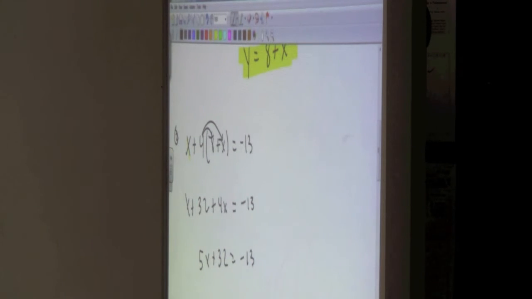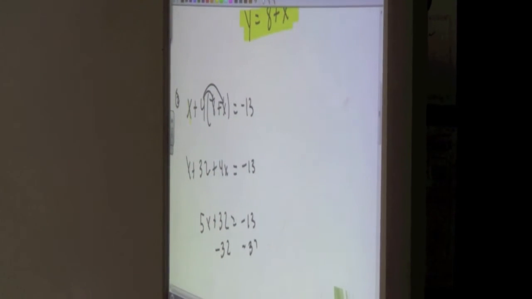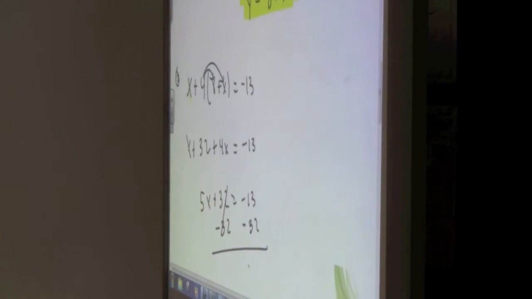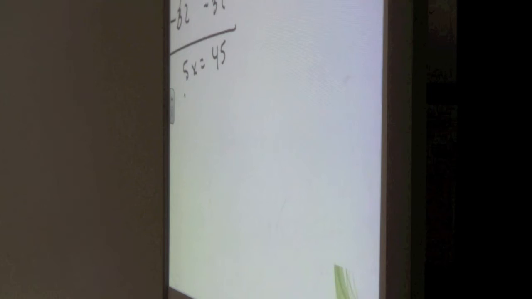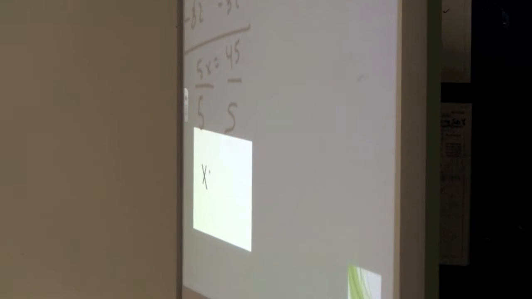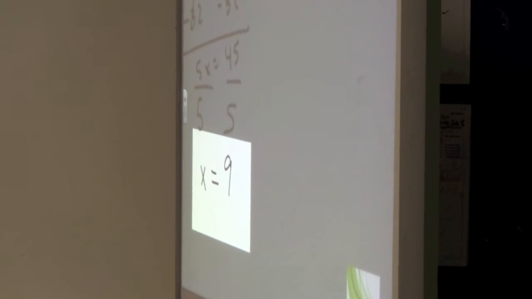And to get x by itself, we're going to have to subtract 32 and put it on this side. This cancels out, and that equals 5x equals 45. So now to get x by itself, we're going to have to divide both sides by 5, and x will equal 9.